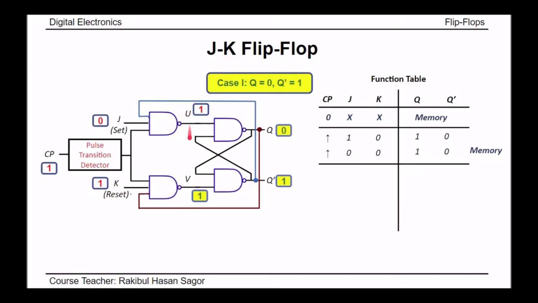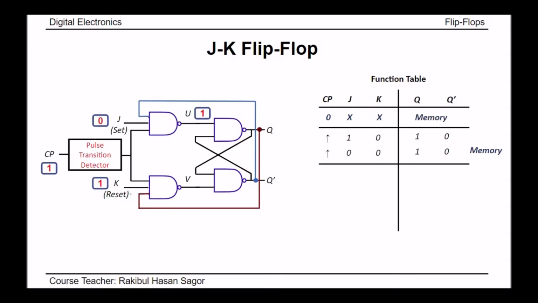So for this small portion, if you consider this as SR flip-flop, the inputs are 1 1. We know for the inputs having 1 1 values, the output will hold the previous value. Here I am not going to put the output values in this table because we need to check another case as well.